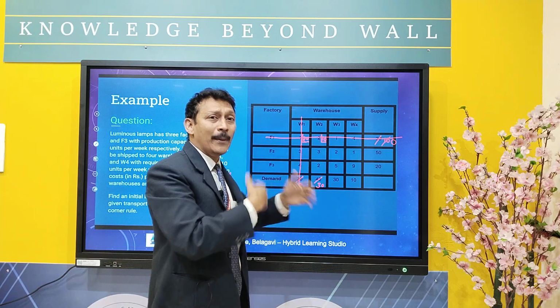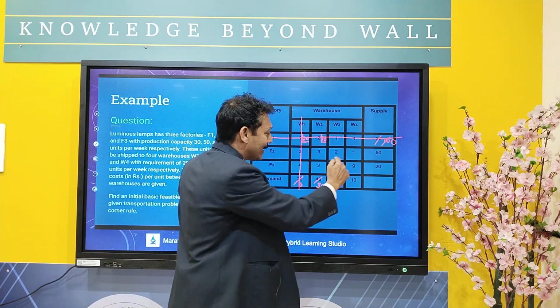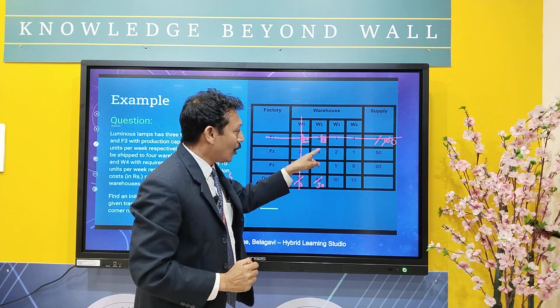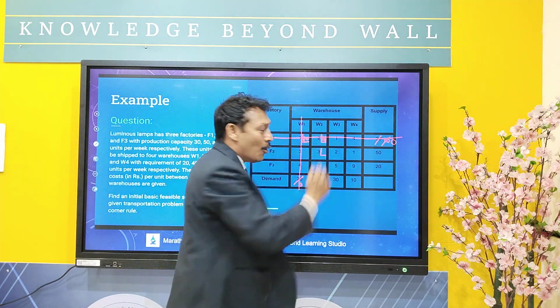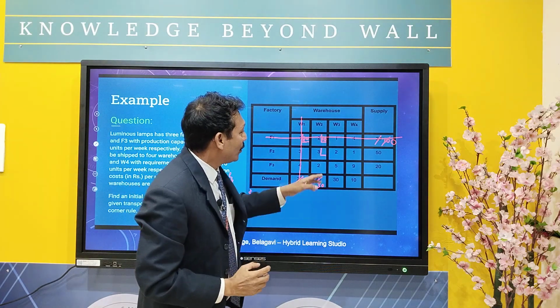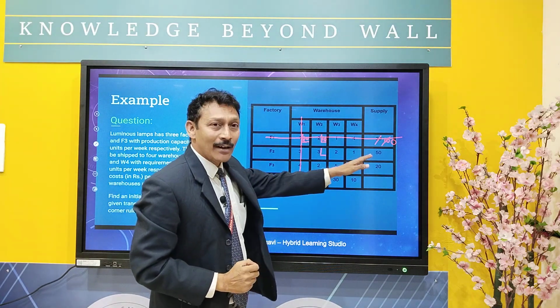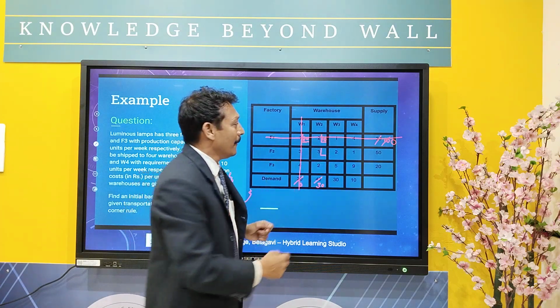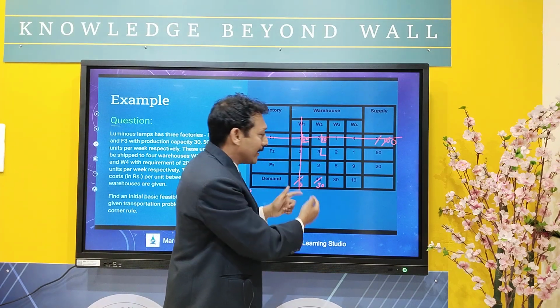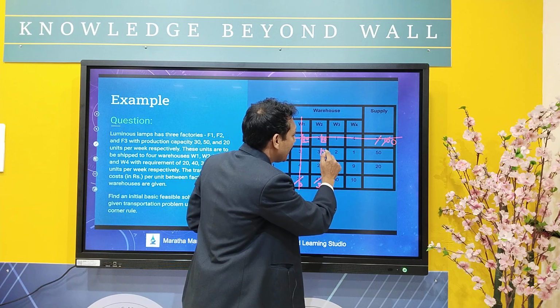We have to repeat the step for this remaining matrix, finding the northwest corner. We have to allocate here now. How much? W2 needs 30 units, and F2 can supply 50 units, but our requirement is only 30. So we allocate 30 here.